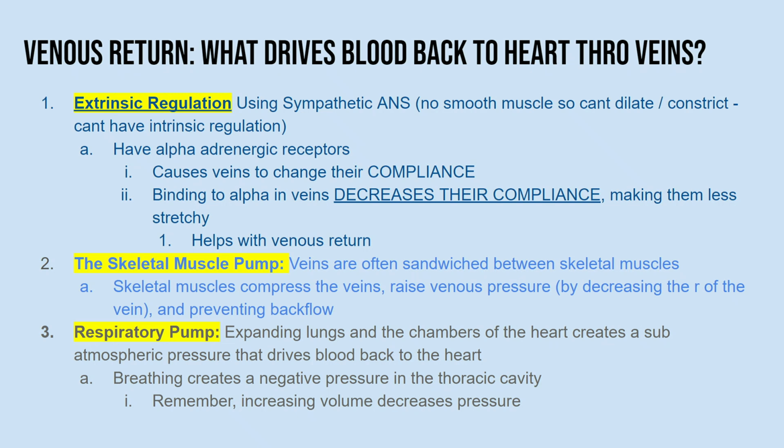That makes them a little bit less stretchy, which can help push blood back up to the heart. But since they have a thinner tunica media, it's a lot less intense than the arterial regulation.